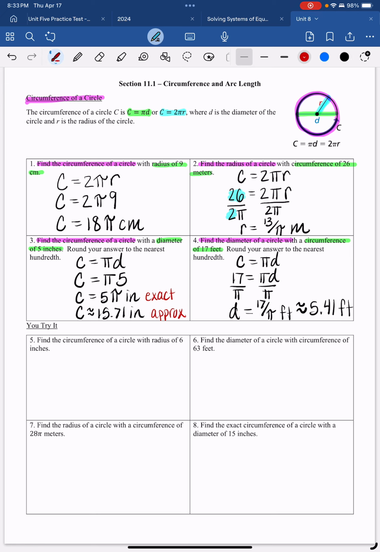So just one more time, 17 over pi, this would be the exact answer, and then 5.41, that would be the approximate answer. Next, you guys are going to work on the You Try It's. They are very similar to the 4 problems we just did, and then you can watch the next video for the explanations.